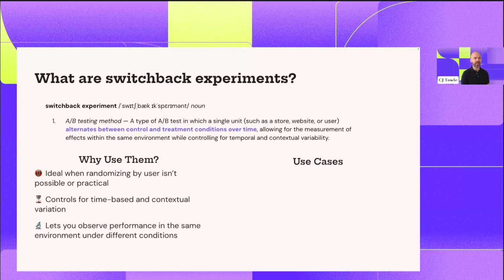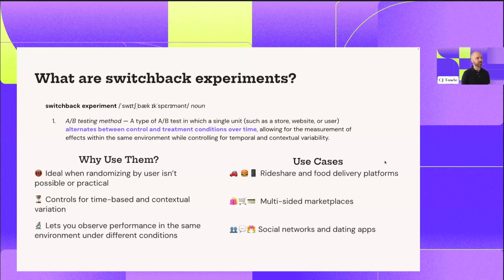What I mean by that is if you want to test just one small part of a change to a two-sided marketplace, say, for example, a rideshare or a food delivery platform, very fitting for today.